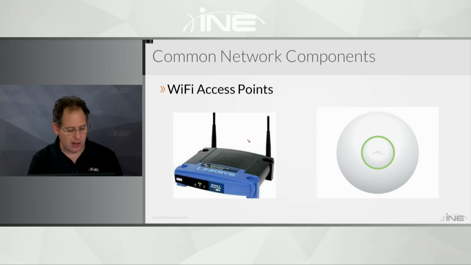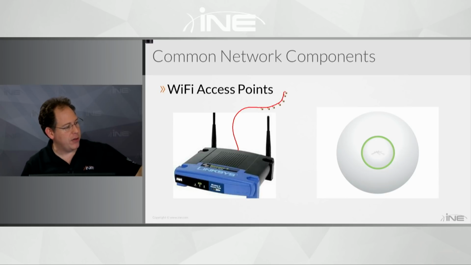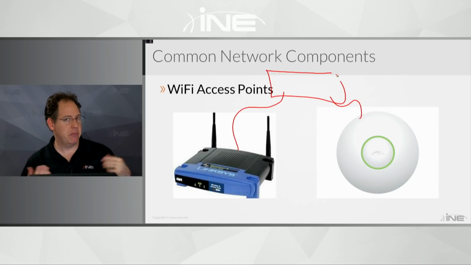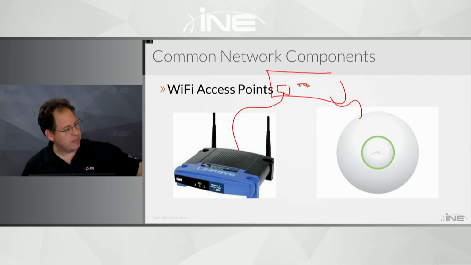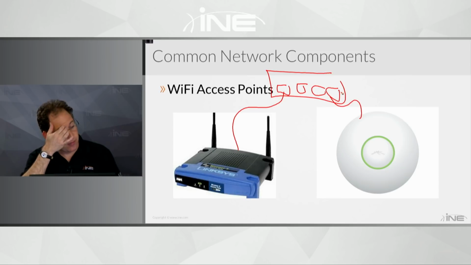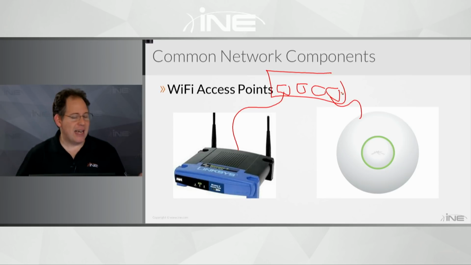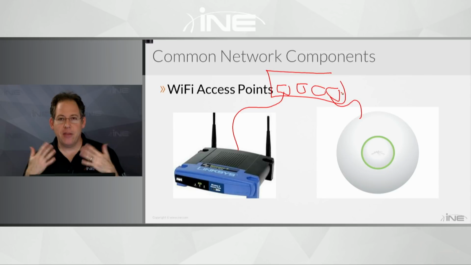So every single access point out there has one or more Ethernet cables coming out of it, which usually terminate in, you guessed it, a network switch. So these access points have cables going back to a switch somewhere. If you're talking about your home network, you've got an access point, and that access point most likely has a cable going into your cable modem or your DSL modem.